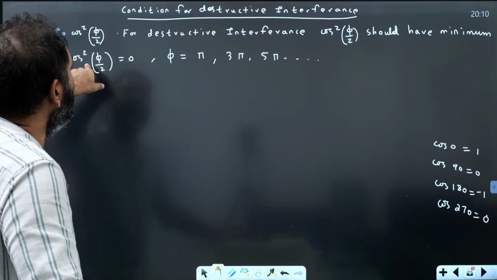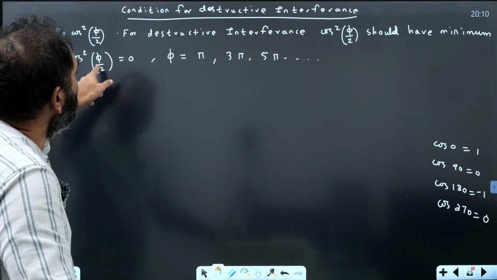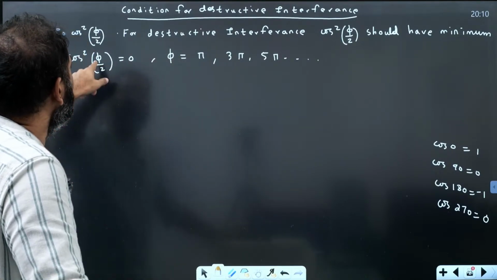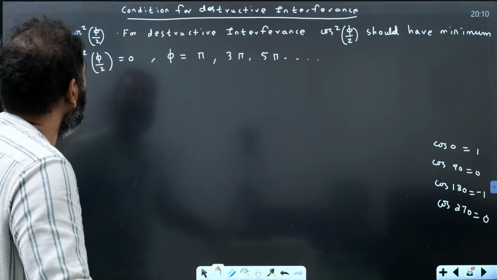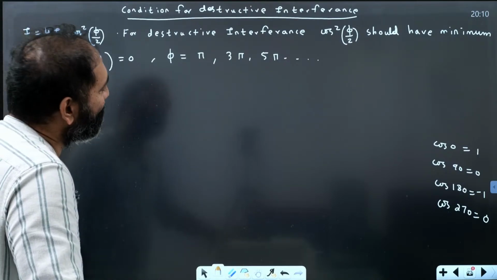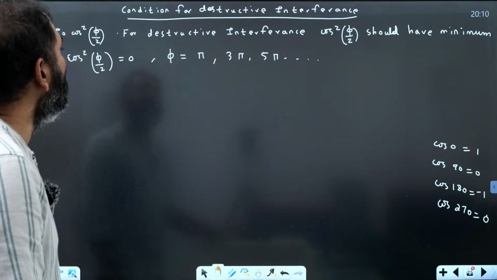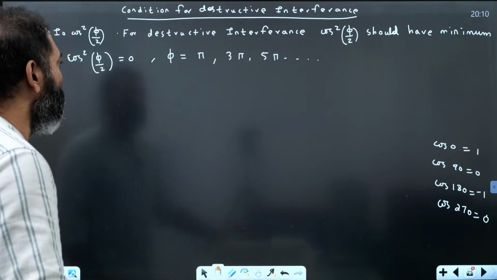Cos 90, and cos 90 will be 0. Similarly, if you substitute 3 pi, 3 pi/2 is cos 270, that is also 0. It goes on like that. So phi can have values pi, 3 pi, 5 pi, etc.